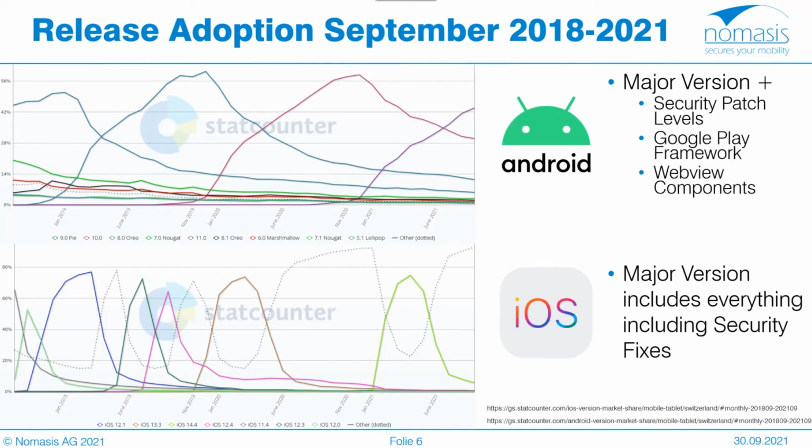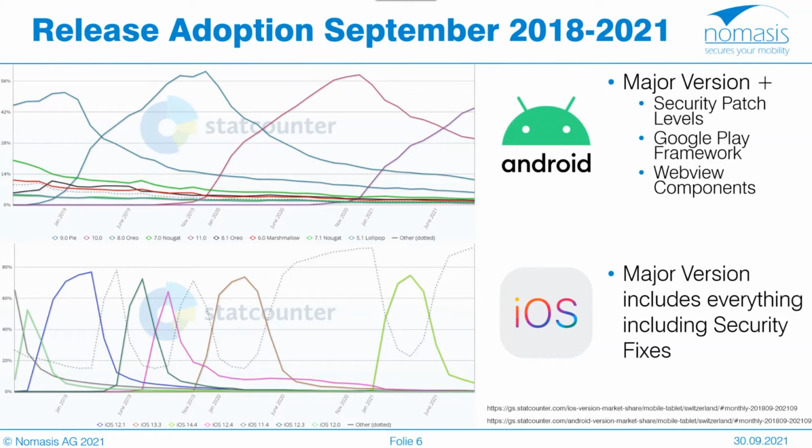It's quite different for iOS, so new versions catch on a lot faster compared to Android. This is mainly due to the fact that the OS versions of iOS include everything from feature updates through security fixes and everything. And on Android, the platform is quite different.